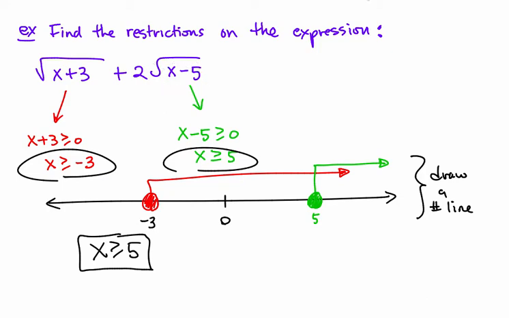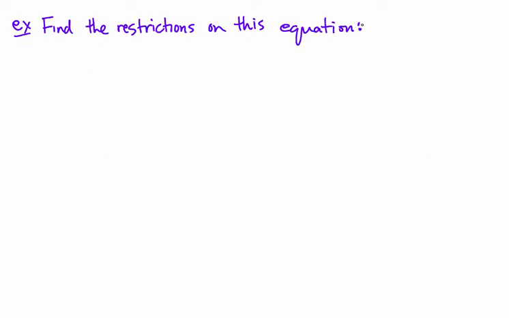So let's take a look at another example, and we'll find the restrictions on an equation. So let's find the restrictions when we have an equal sign. Inside the first square root is 3 minus x, and the second square root is x plus 4, and it's equal to 2. Well, you know what? It really doesn't matter that it's equal to 2.